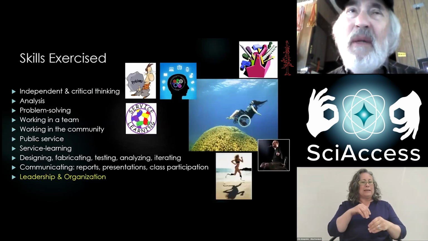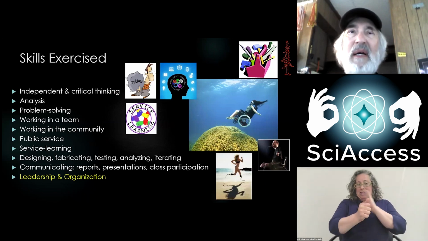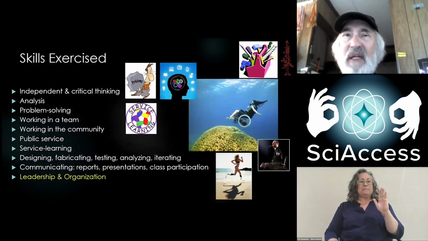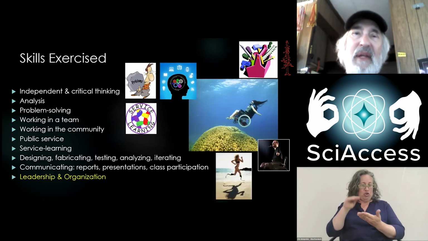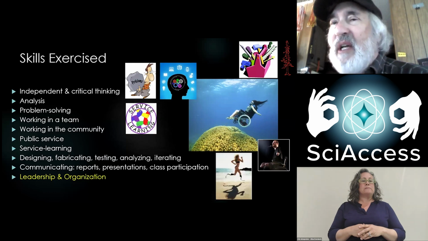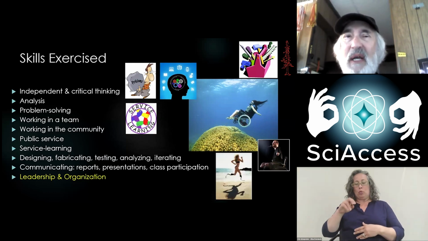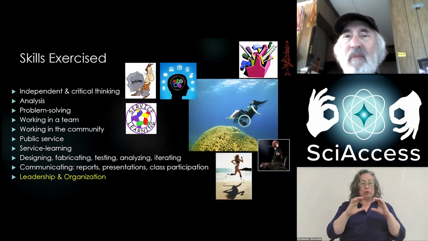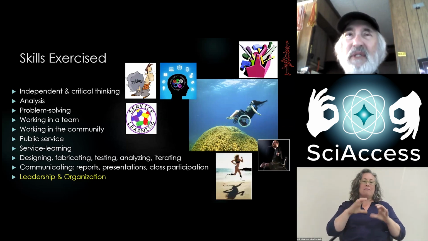So, a summary of the skills: independent and critical thinking, analysis, problem solving, working in a team, working in the community. That's called public service and service learning. And the design process includes designing, fabricating, testing, analyzing, and iterating through the prototyping process. And the students communicate what they've done through reports, presentations, and class descriptions.